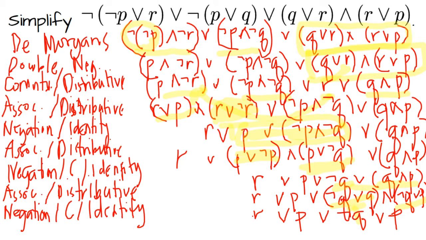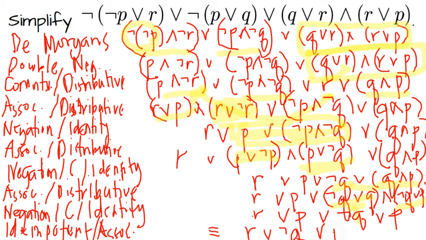So finally by associative and idempotent, the final answer of the simplification will be R or not of Q or P. And that's it, the final answer.